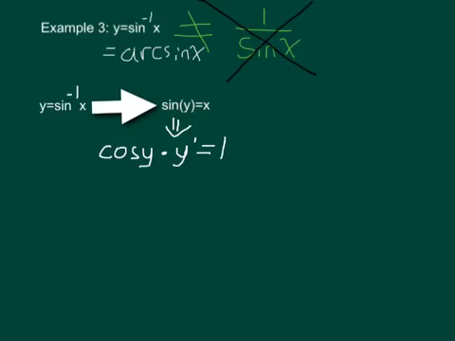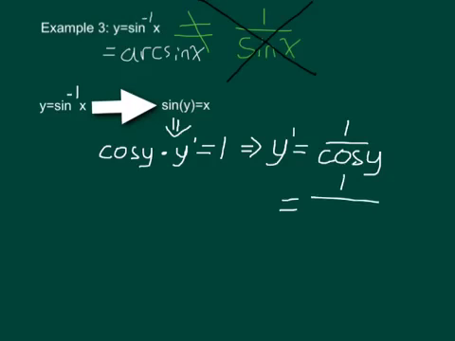Okay, so now y tag equals 1 over cosine y. Okay, isn't that cozy? But if you remember in our slide before, we had a reminder, and we could write cosine y equals the square root of 1 minus sine squared y.